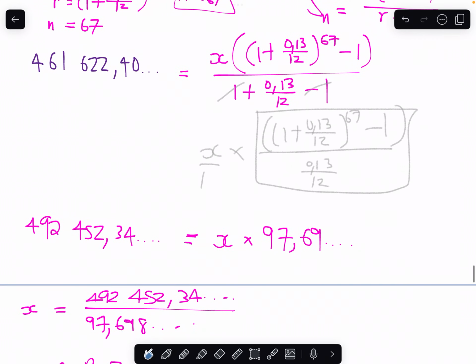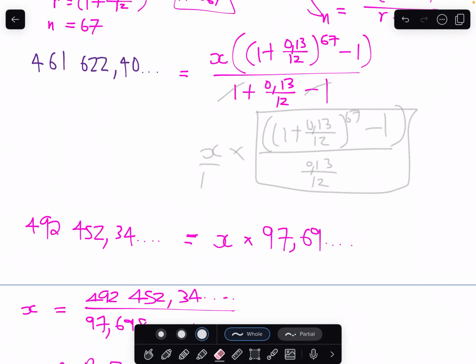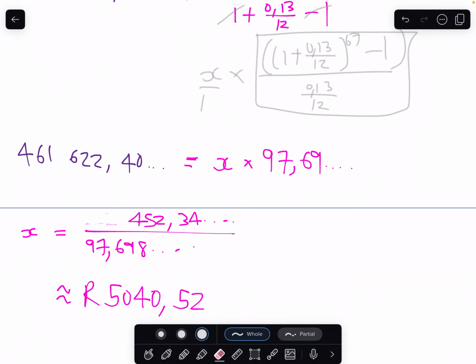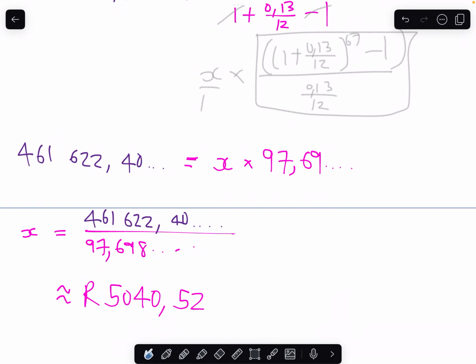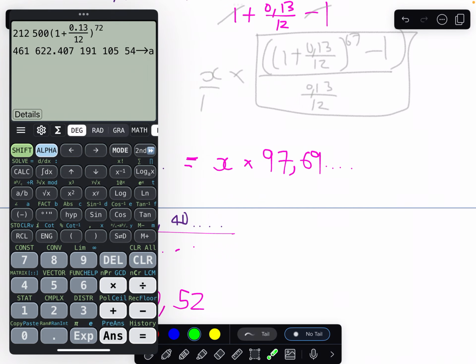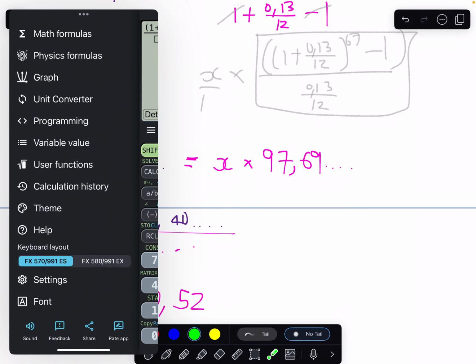Anyway, so now I want to work out this number again. Should have told you, my brother. So that is 1 plus 0.13 over 12. Oh, guys, what is going on right now? How did I get to this menu and how do I get rid of it?